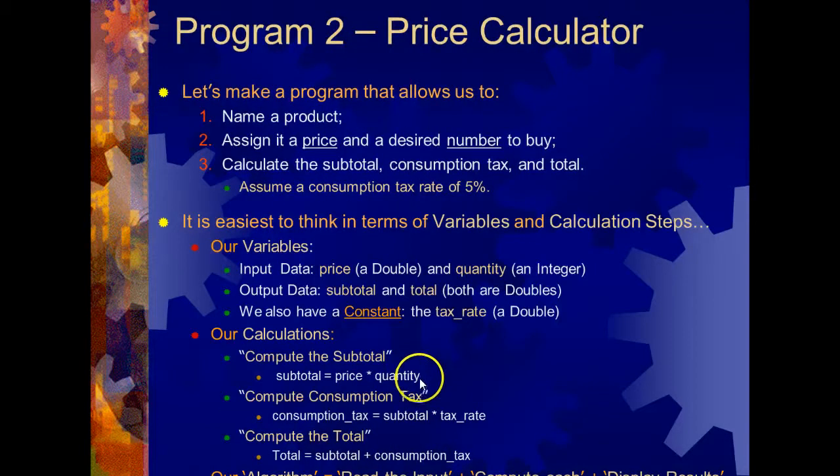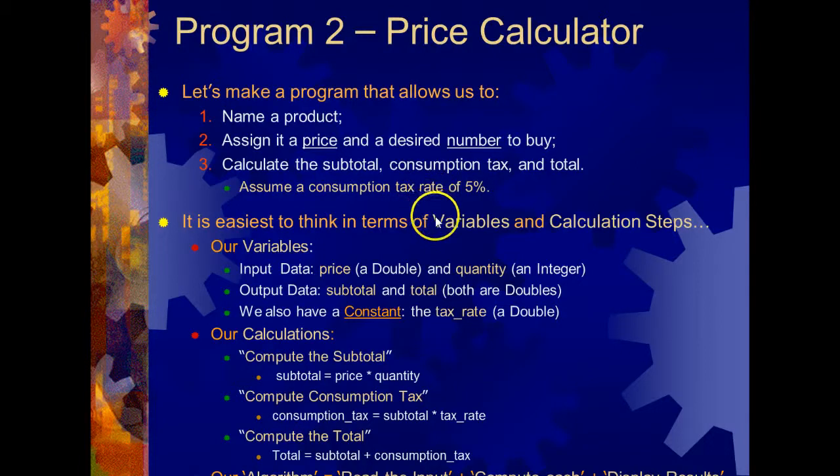Okay, now we get to program 2, the price calculator. So let's make a program that allows us to name a product, assign it a price and a desired number to buy, calculate the subtotal, the consumption tax, and then the total. Assume a consumption tax rate of 5%.